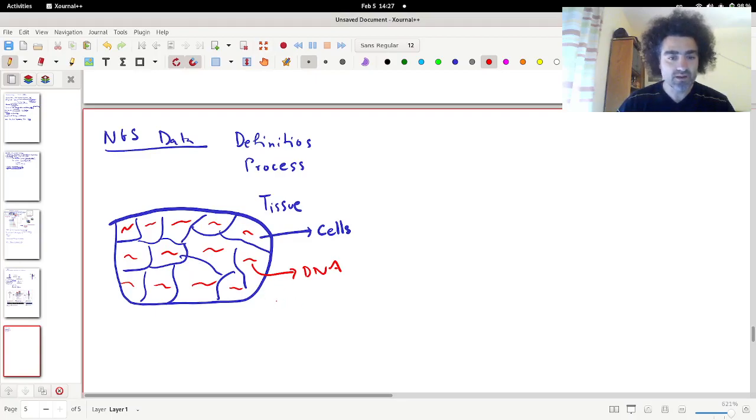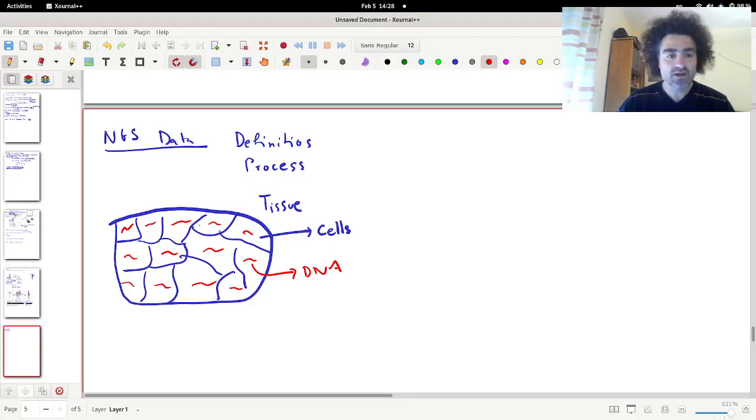If I remember well, you have one mutation every million base pairs, so two DNA molecules might have a difference every 1 million base pairs, but this is not important.